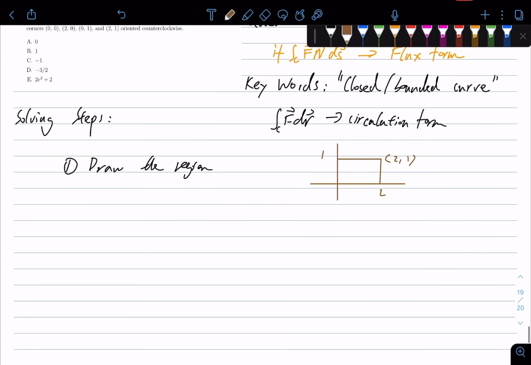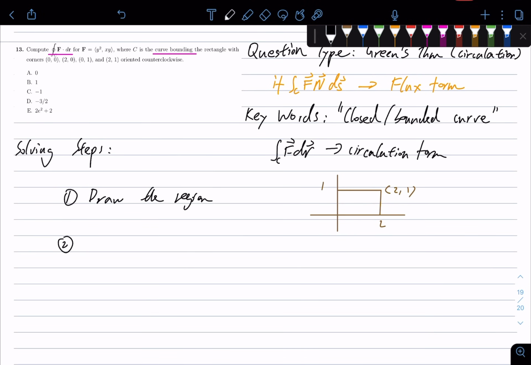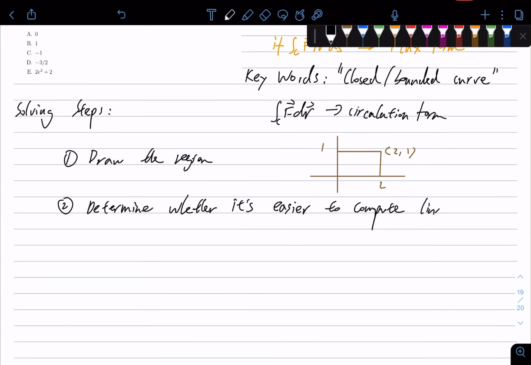And then second, we're going to determine whether it's easier to compute the line integral or the area integral. How do we make that judgment call?